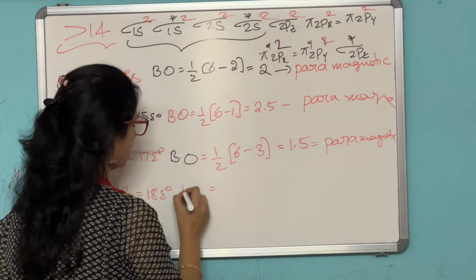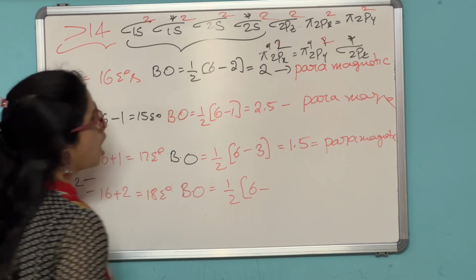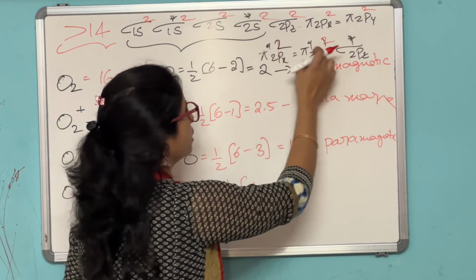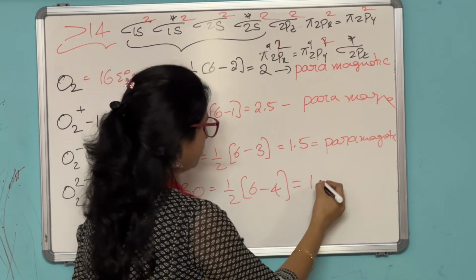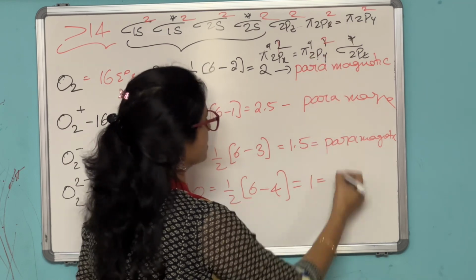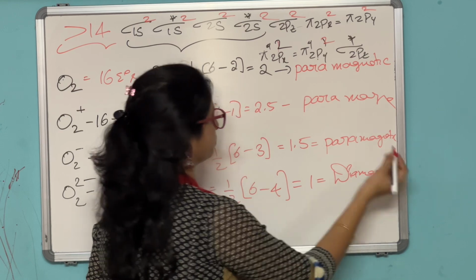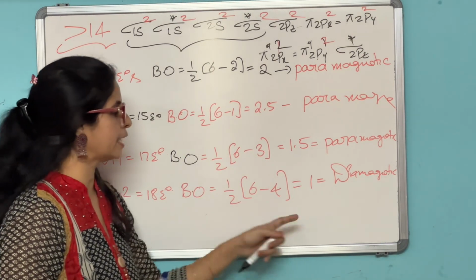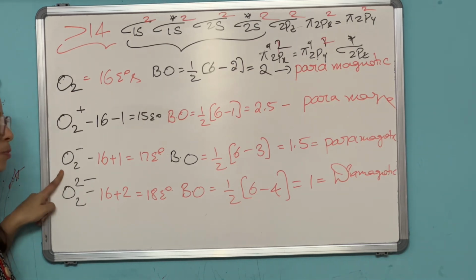Bond order is 1 by 2, 6 minus 4 antibonding electrons, so 1 will be the bond order, and it is diamagnetic. Clear?